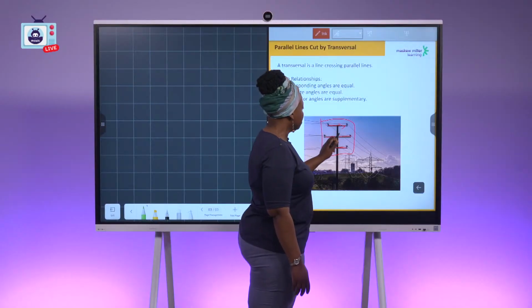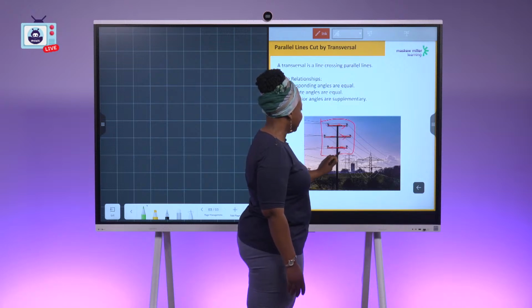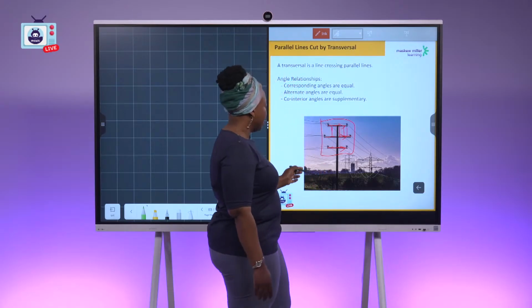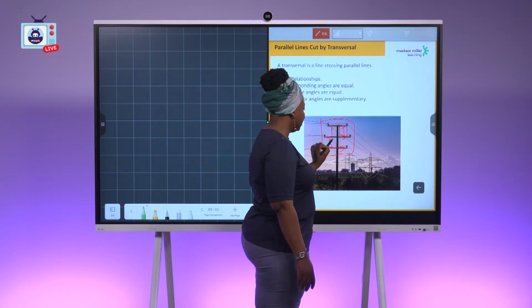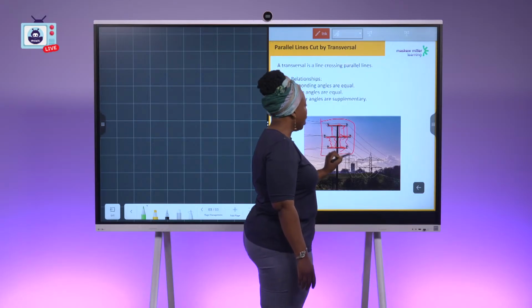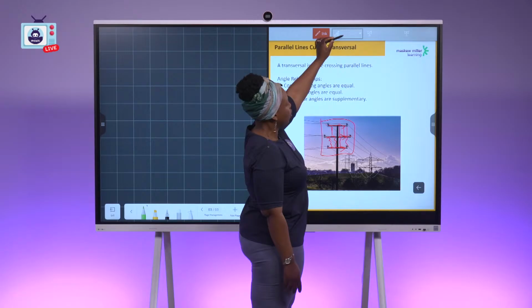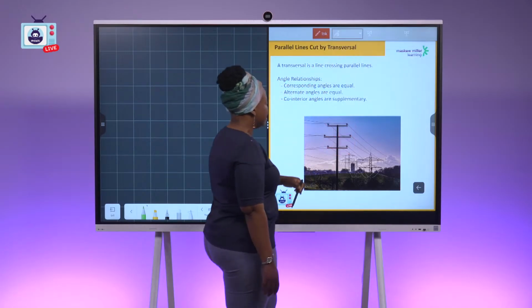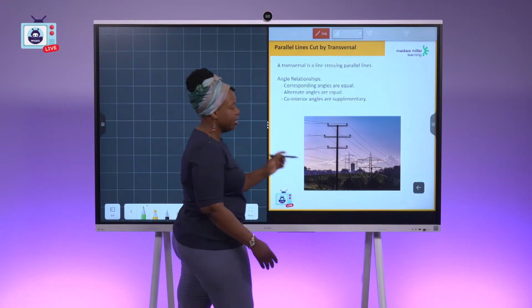So the distance here will be the same. If this line is parallel to that line and also that line, this distance in between is supposed to be the same all the way to the end. So that will happen also for this one. Its distance is going to be equal until the end, and hence we call them parallel lines, which will have particular angles that are equal, as we have indicated.